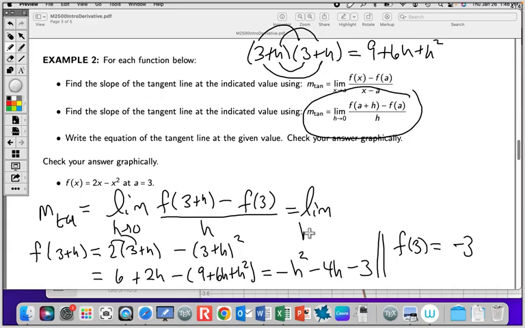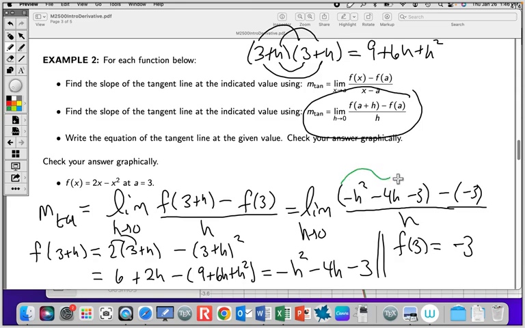So this would be the limit as h goes to 0 of f of 3 plus h, minus h squared minus 4h minus 3, minus f of 3, so minus a negative 3, all divided by h. So if you look at what's going on here in the numerator, I'd have a minus h squared minus 4h minus 3 plus 3.